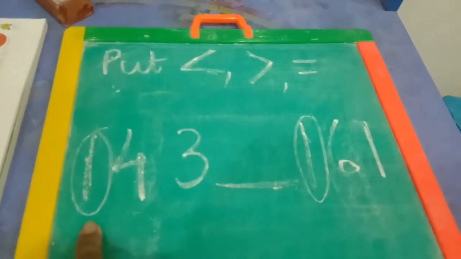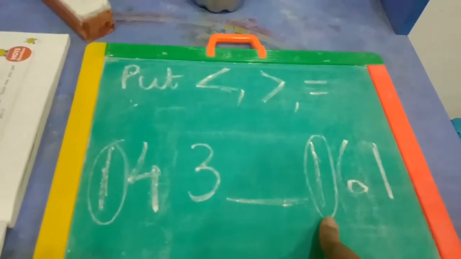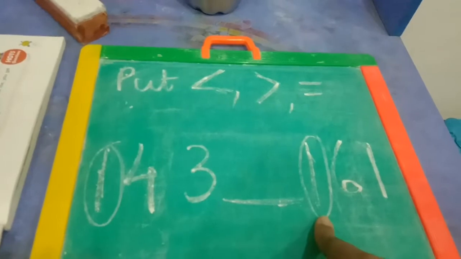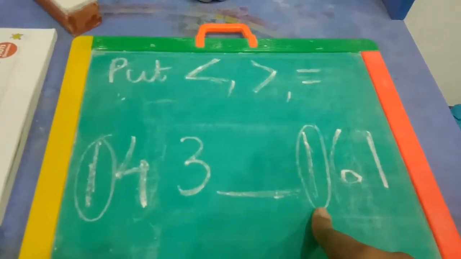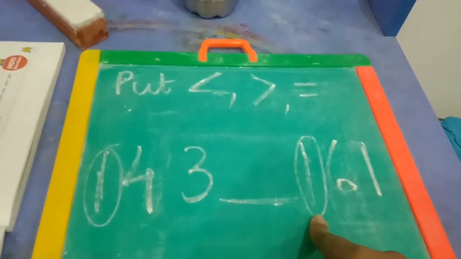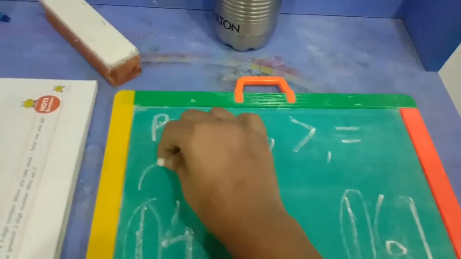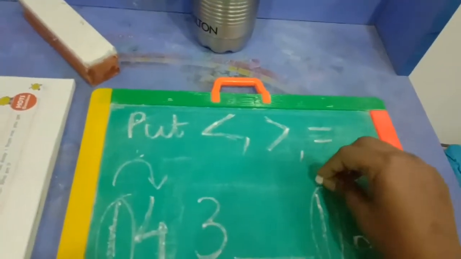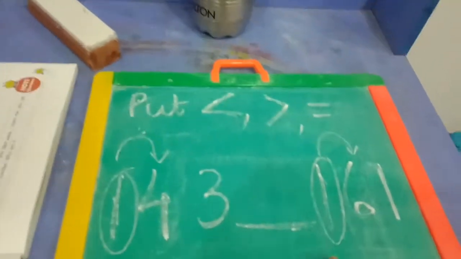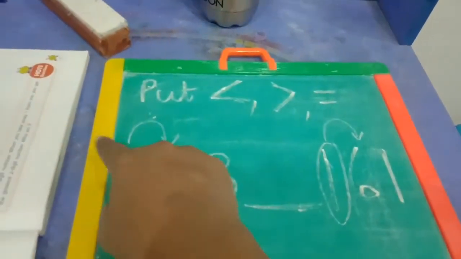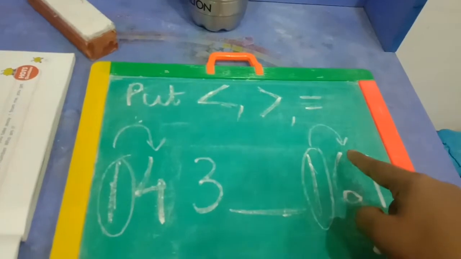Now 1, 1, both are equal, so we can't identify which number is greater. So we will move to the tens place. Hundreds we have seen, it's equal, so we will move to the tens place.